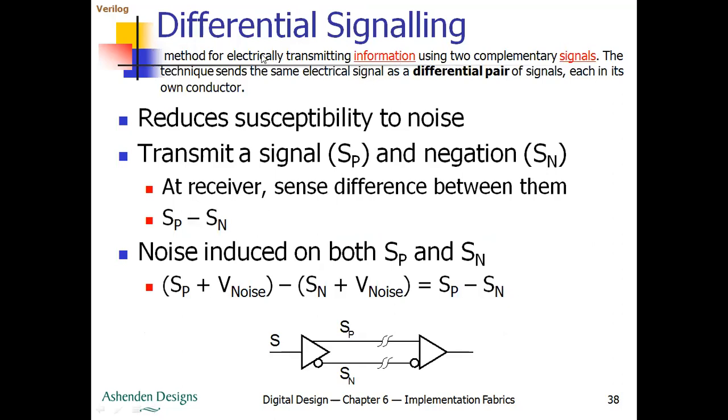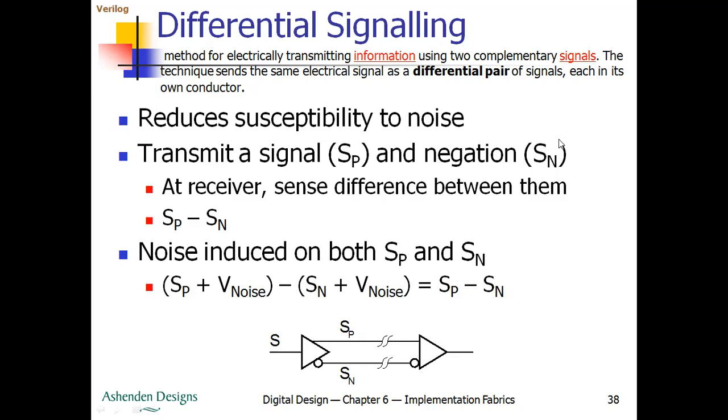Differential signaling can be defined as a method for electrically transmitting information or data using two complementary signals. It involves transmission of a positive signal, called Sp, and its negation, the negative signal, represented by Sn.